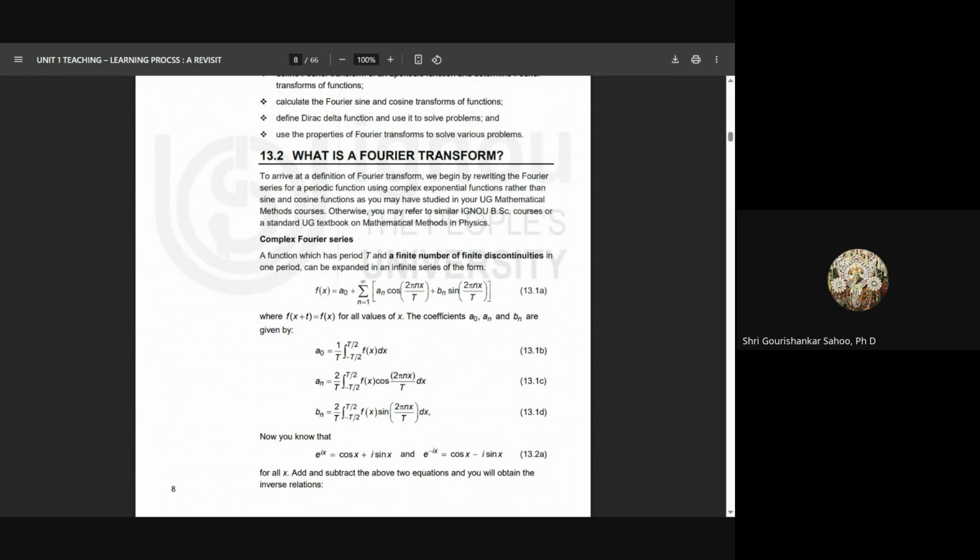I think this was taught in the first class. Let us have a recap. f(x) is equal to a0 plus the summation from n equal to 1 to infinity of a_n cos(2 pi n x / T) plus b_n sin(2 pi n x / T), where a0, a_n, b_n are Fourier coefficients.